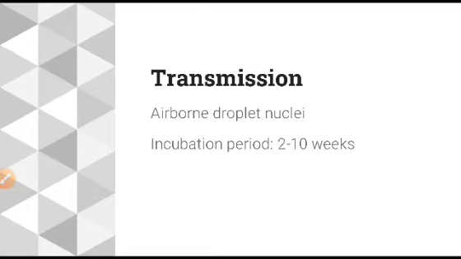The common incubation period is around 2 to 10 weeks. Usually we have observed that some people are in the risk group for this disease, for example, close contacts, work colleagues from high incidence countries and HIV infected people.